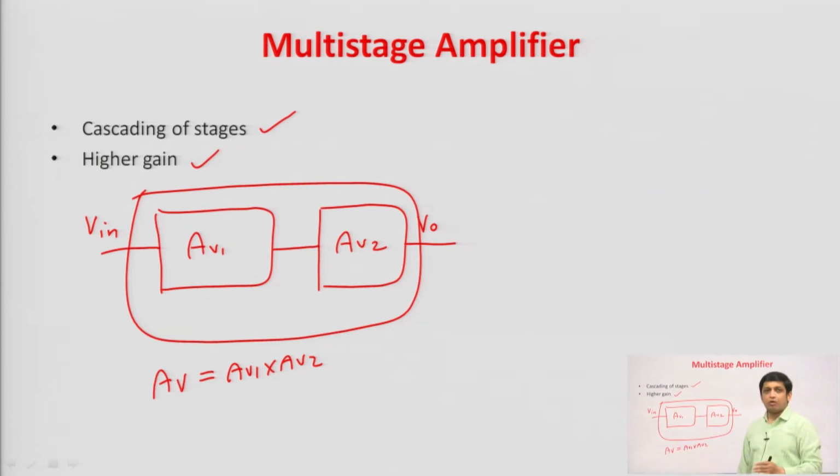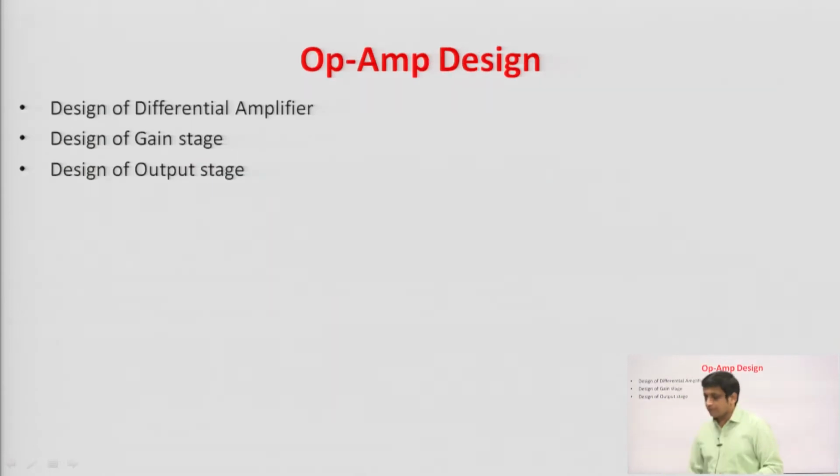So, now I am going to discuss how we can design this multi-stage amplifier, that is a kind of op-amp design. The operational amplifier is a kind of multi-stage amplifier. So, starting with the op-amp design, in op-amp we normally have more than one stage.